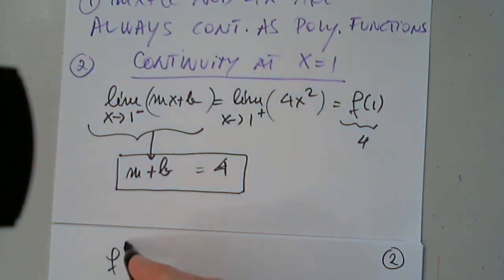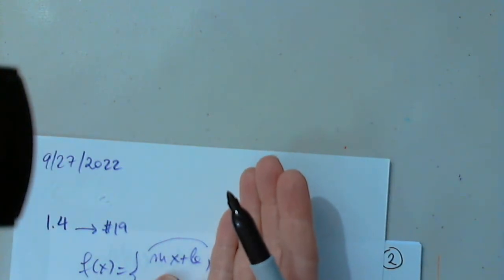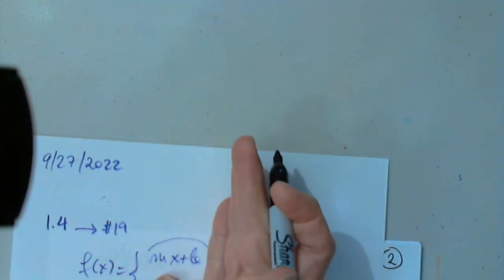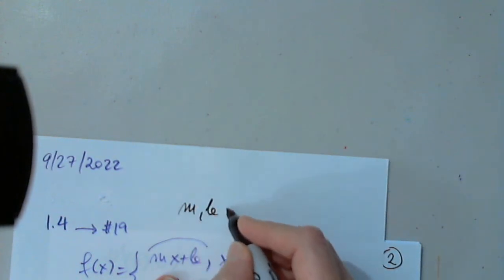Okay. Now, I'm going to write f prime. And let's see. Don't look anywhere and just differentiate. Of course, it's with respect to x. So when we differentiate mx plus b with respect to x, what do we get? So of course, m and b are constants.